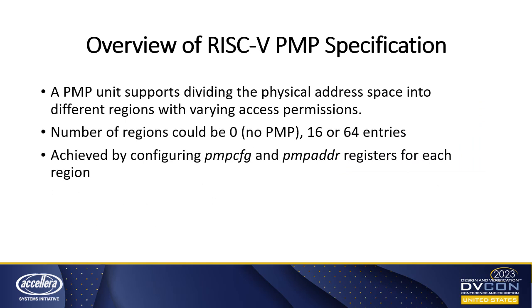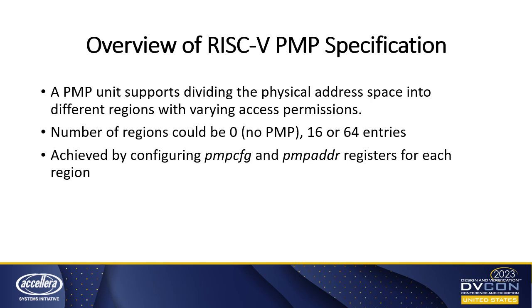Diving a little deeper into the PMP unit specification, a PMP unit supports dividing the available physical address space into different regions. Each region can have a different access permission policy. The number of such regions could be 0, that is no PMP, or 16 PMP regions or 64 PMP regions.